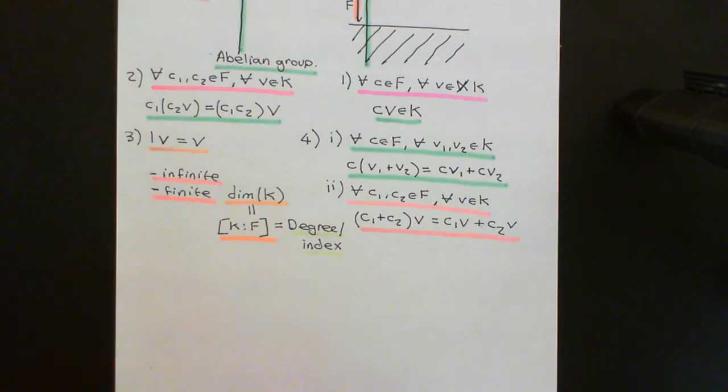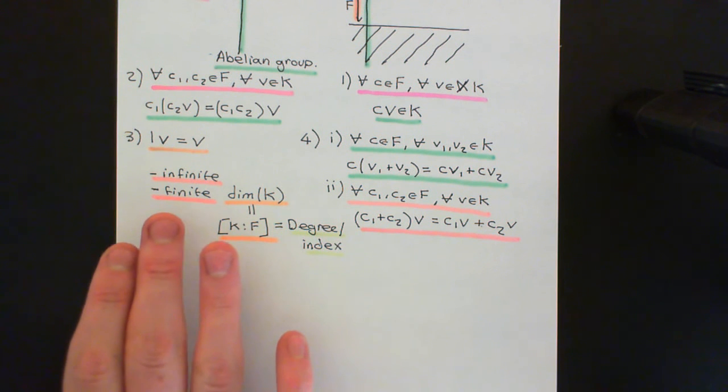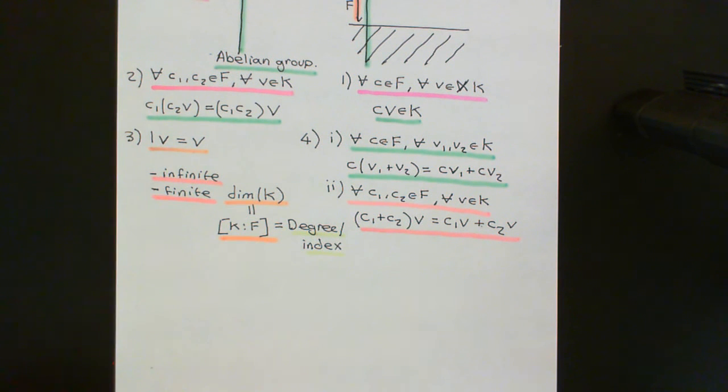So this is a parameter that you can associate with any field extension, provided of course that it is a finite dimensional vector space over the field F. There are examples of field extensions that are infinite dimensional vector spaces over the smaller field F, but we're mainly going to focus on those that are finite because they're the really interesting ones.